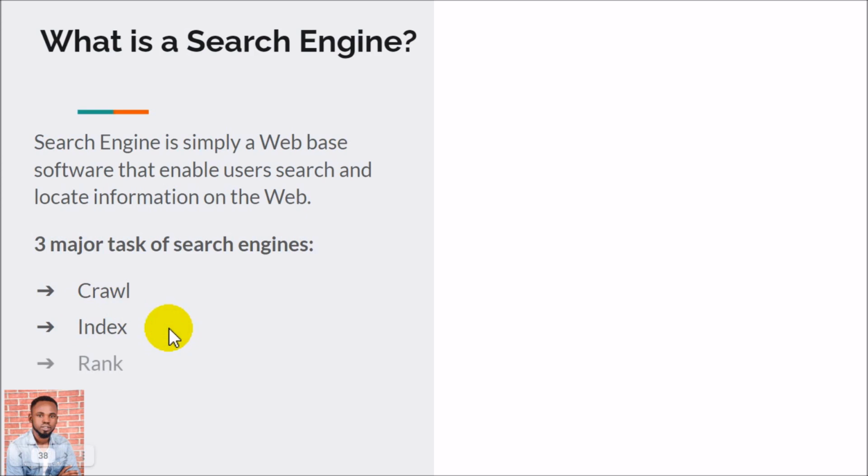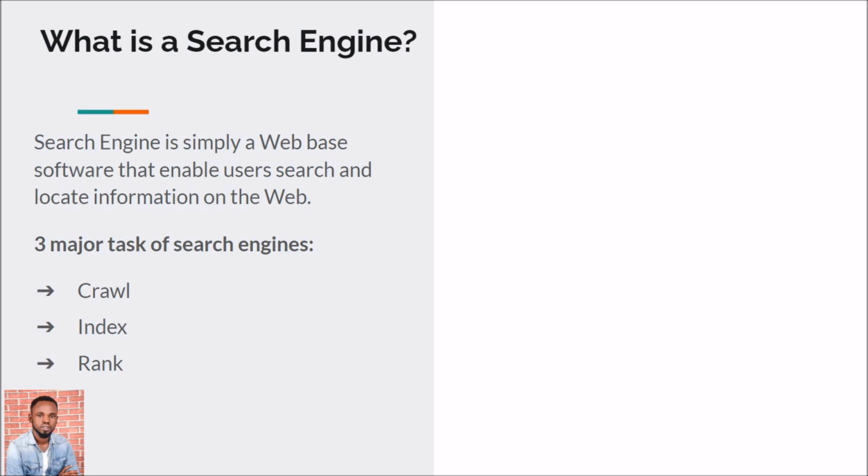And the next thing they do is rank. Now, when you open a web browser and use the search engine of that web browser to look for information, what happens is that when you input a keyword, the search engine will rank lots of pages according to the popularity, according to the similarity to your keyword.